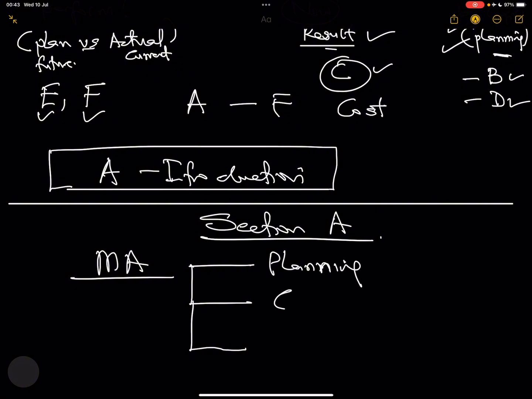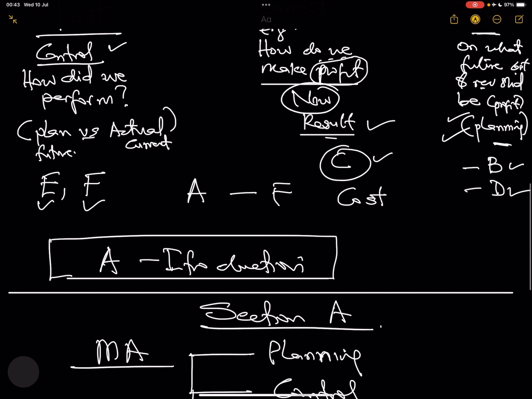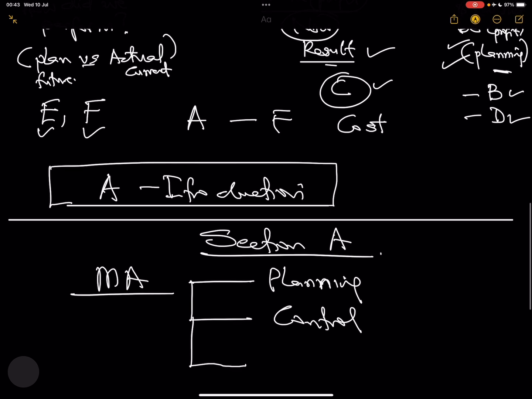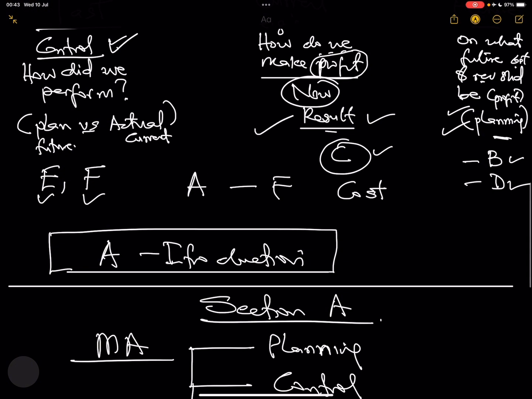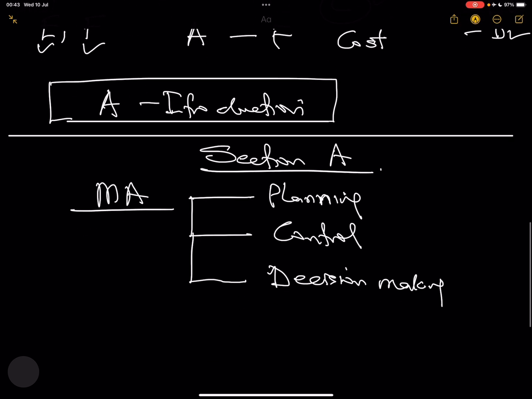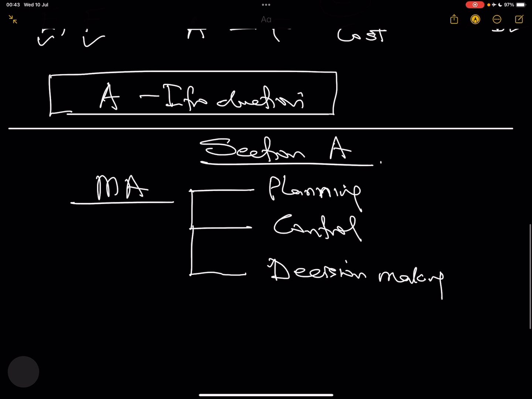It's used for control, which is when you are checking whether things perform as you planned, and decision making, which is usually about how we make decisions to get the results that we want to get. So these three are the key roles of a management accountant: planning, controlling, and decision making.